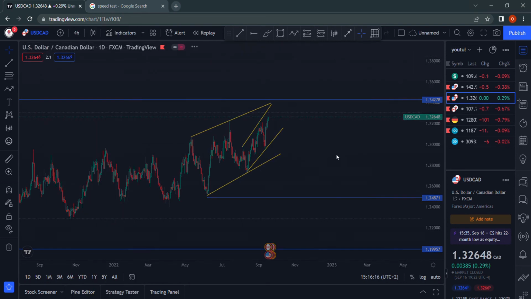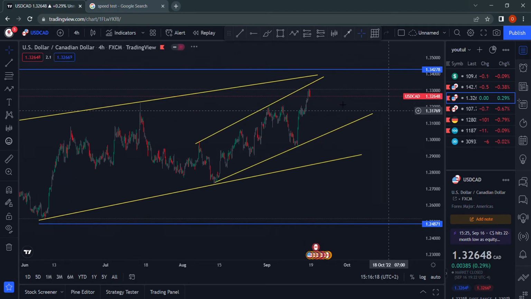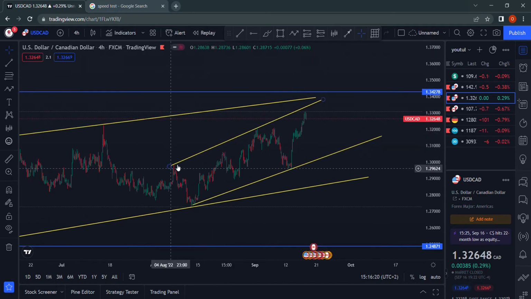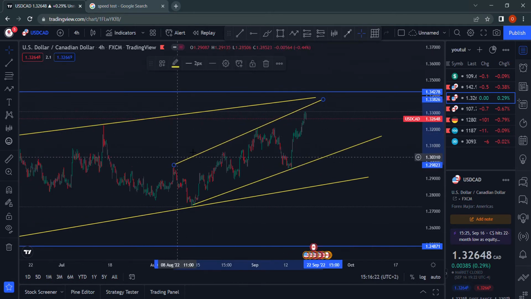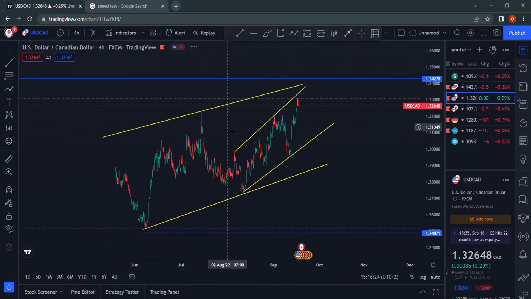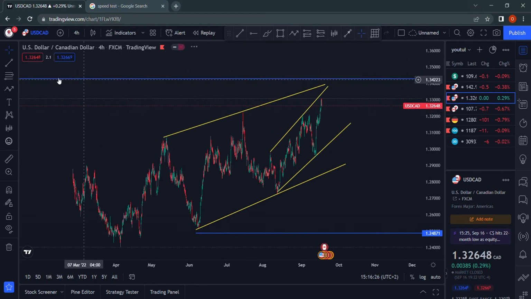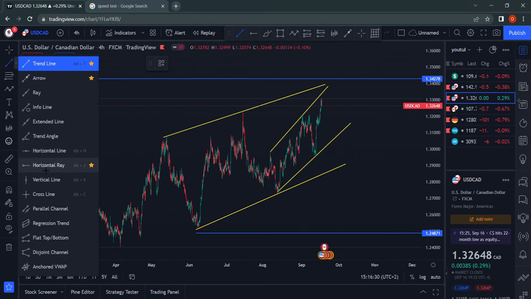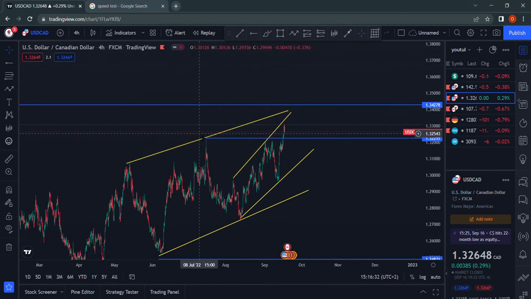So if I just quickly go to the 4 hour, remember guys, this is what I have on the 4 hour. What I can see here is that price has clearly broken out of the previous highs.